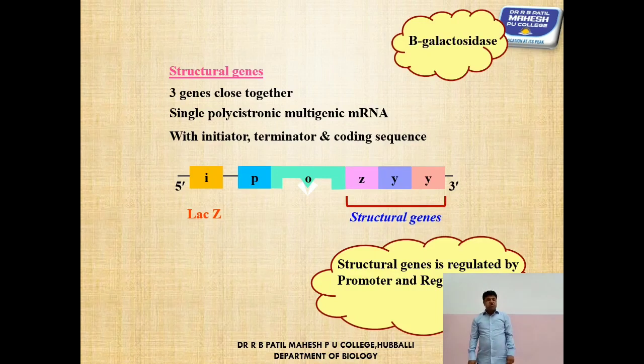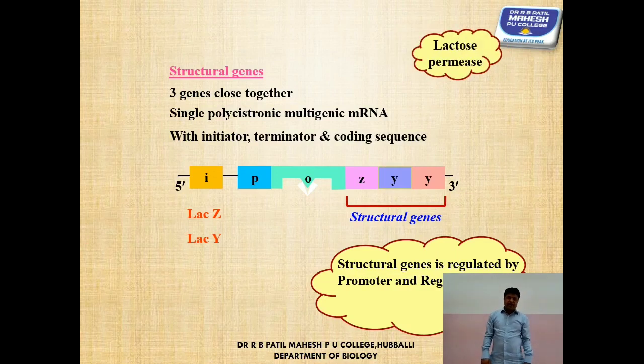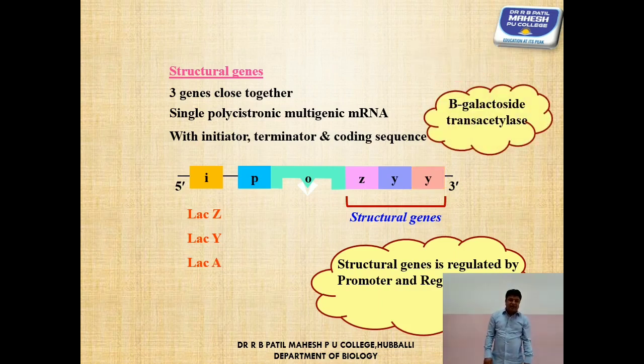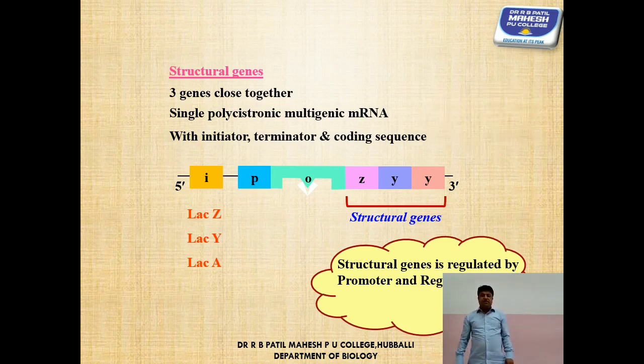LAC-Z codes for beta-galactosidase enzyme, which hydrolyzes lactose into glucose plus galactose, and LAC-Y codes for permease enzyme, which increases the permeability of lactose from the medium into the cells, and LAC-A codes for beta-galactoside transacetylase, which detoxifies the compounds.